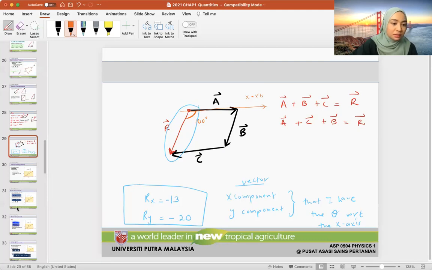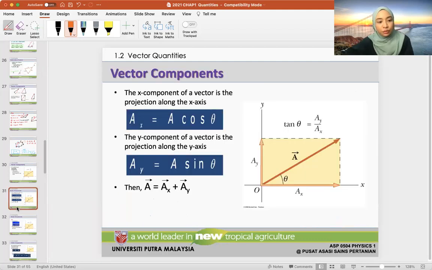There is an equation. Yay, an equation! So Ax or Rx can be found by multiplying by the magnitude of R. We have the resultant, which has a magnitude and also a direction, or angle.